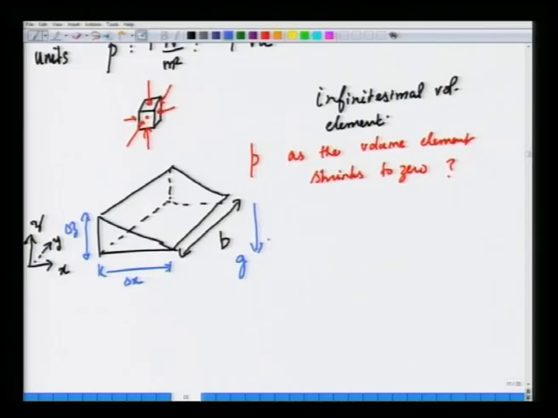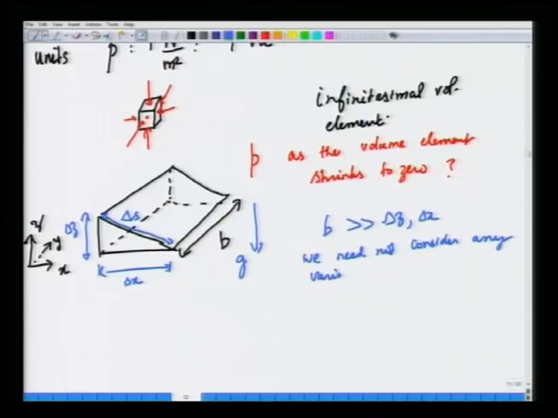And let us call this top dimension delta s. Since b is very large compared to the thicknesses delta z and delta x, we need not consider any variation in the y direction, in the plane perpendicular to the board.